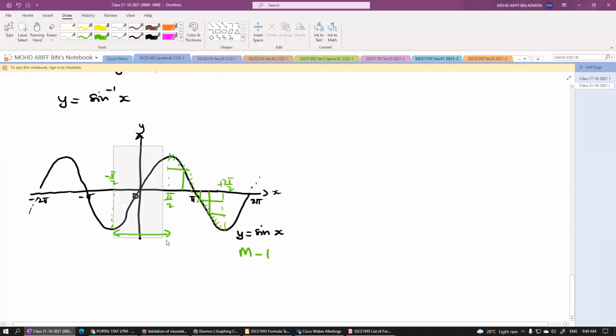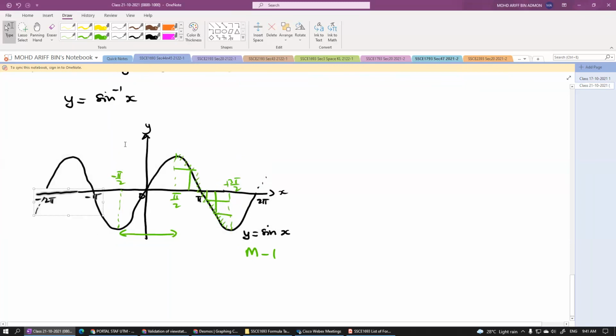is somewhere very close to the y-axis. So for this case, we are taking from minus pi over 2 to pi over 2. So we exclude the rest. This one we delete, and also this one we delete. So we just consider minus pi over 2 to pi over 2.